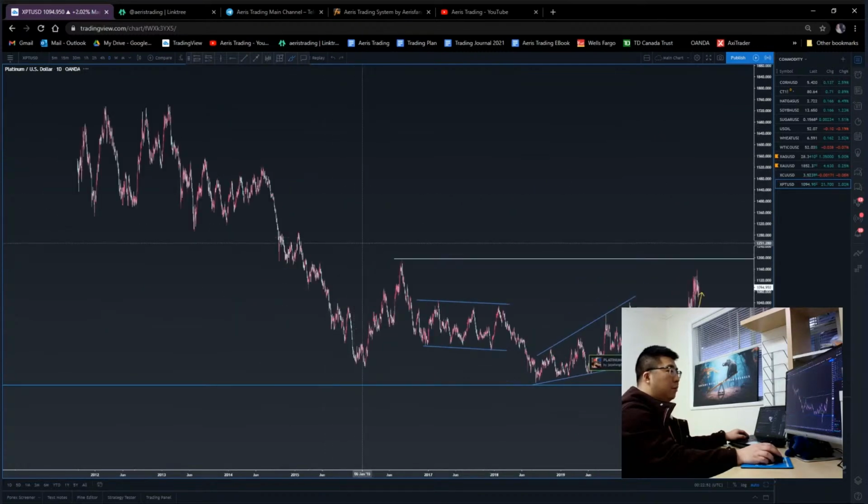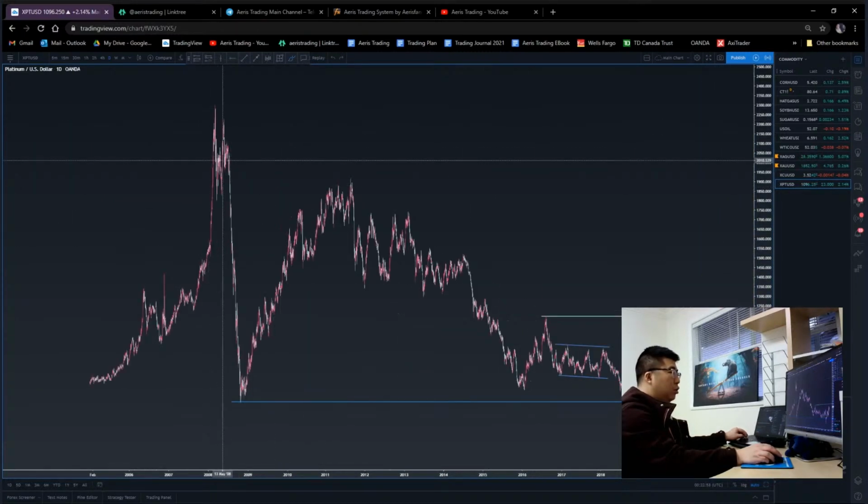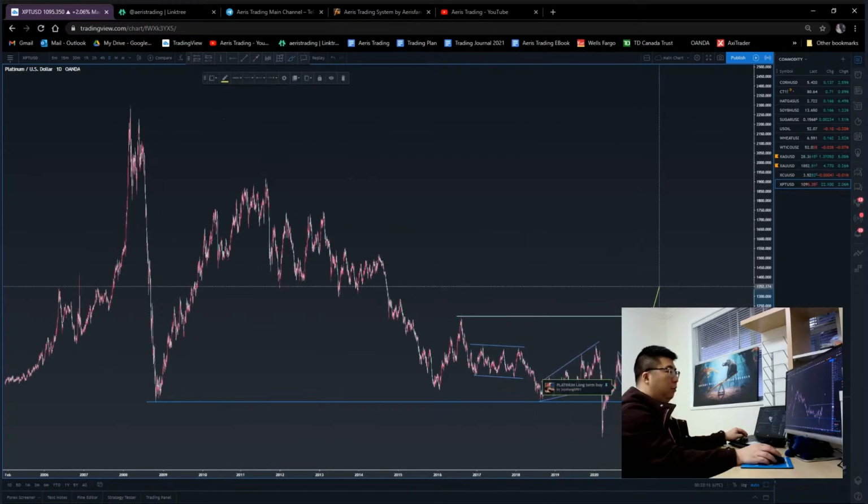All you have to see is, are we going to break this previous high? If we are, then I do expect further upside. Price has been much further up, in my opinion. This is the 2008 crash, and we have just been in this period of consolidation. But if we can break this previous high, we might go into that full bullish move to the upside.